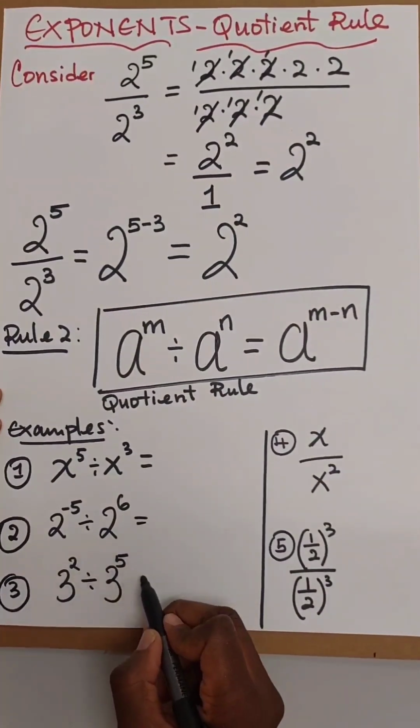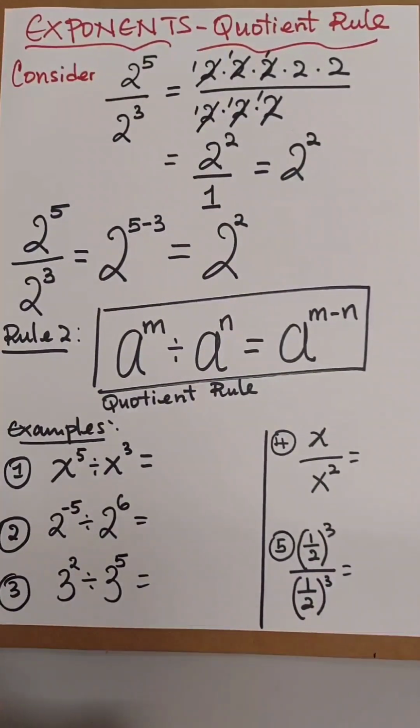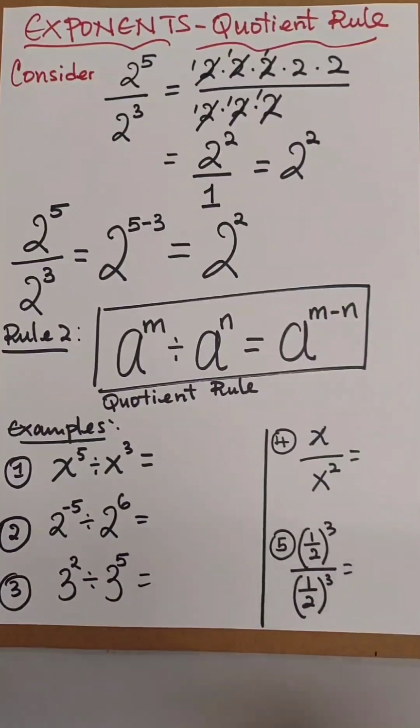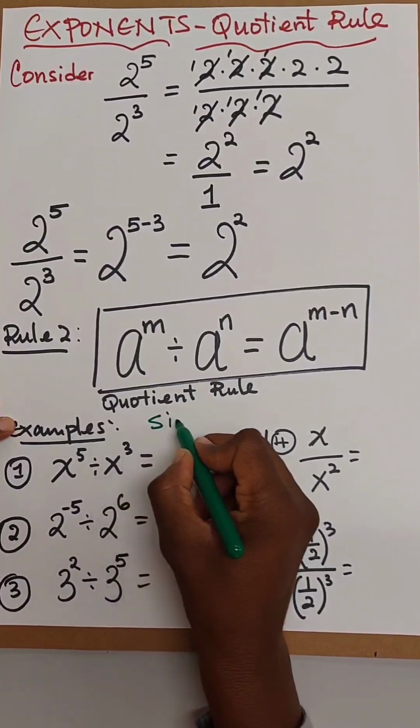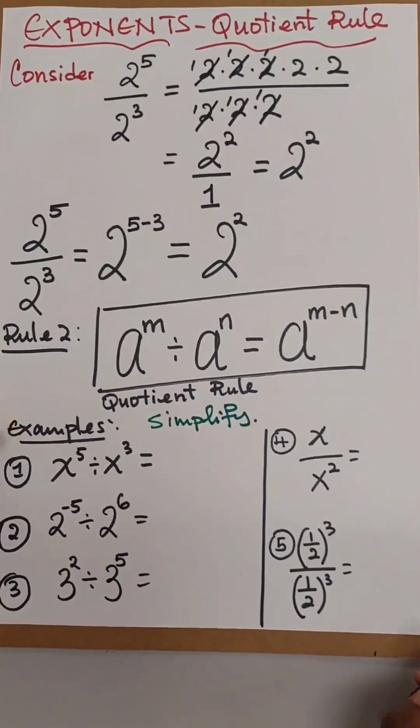Okay. Let's see how we can use this rule to simplify these problems using exponents. So let's simplify using the quotient rule for exponent.